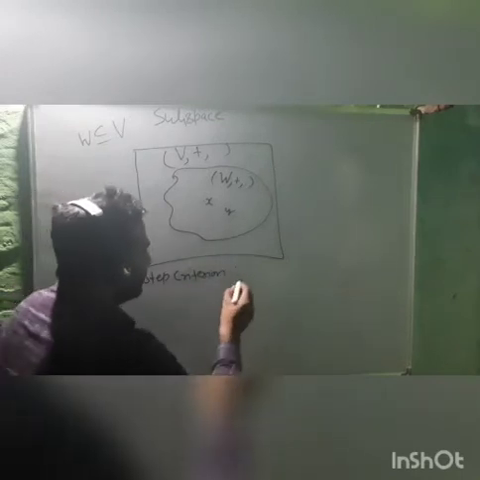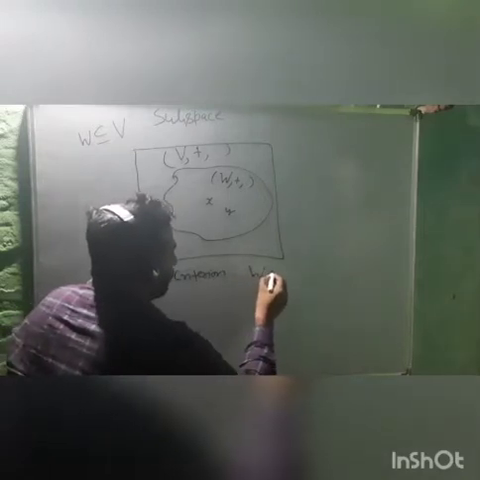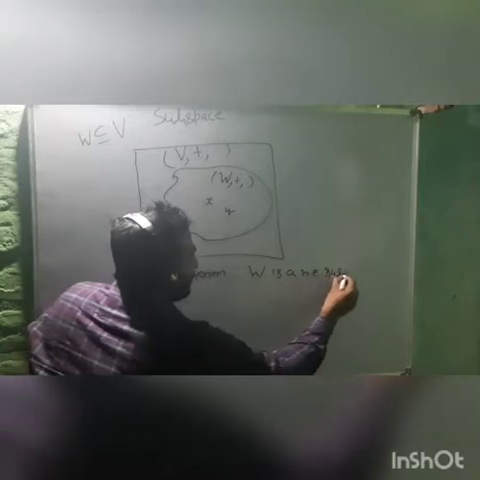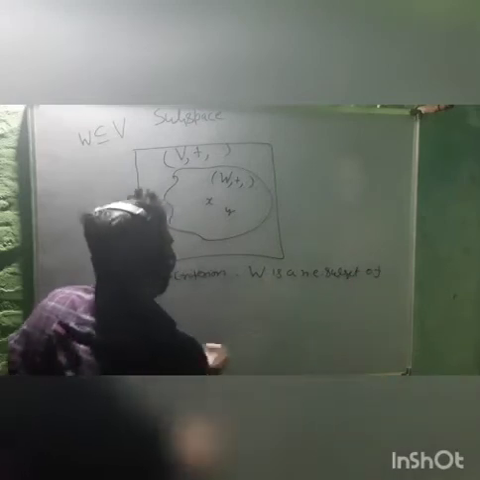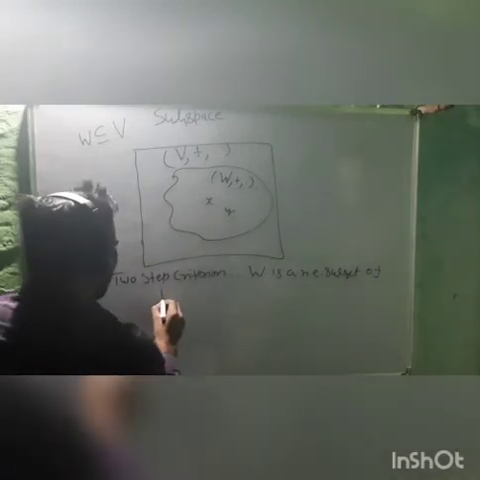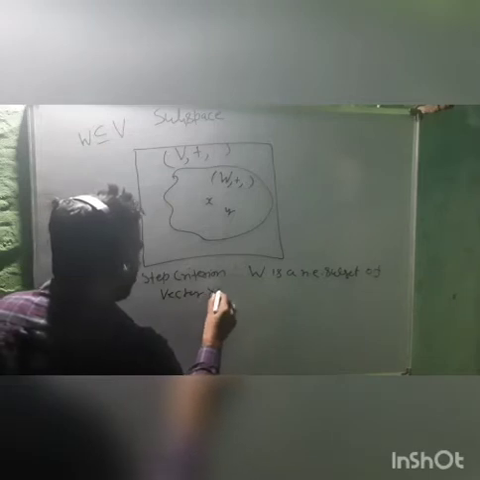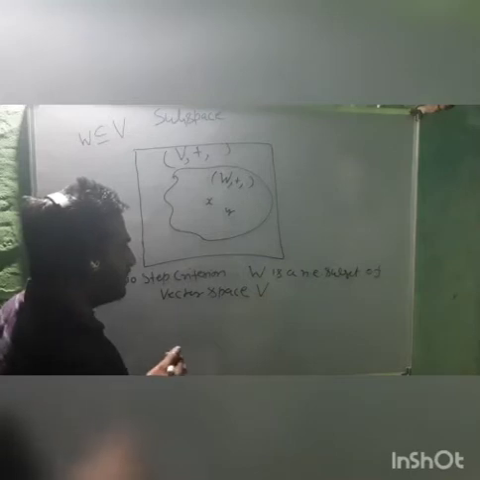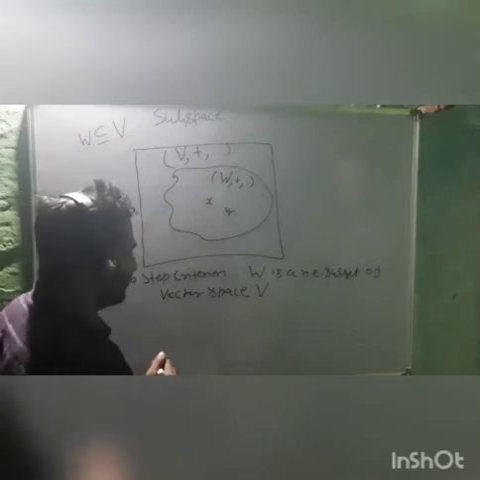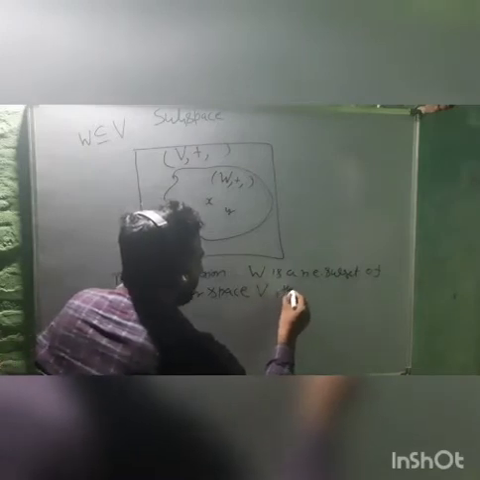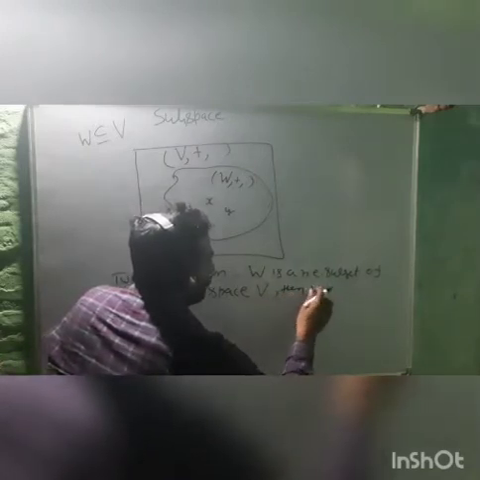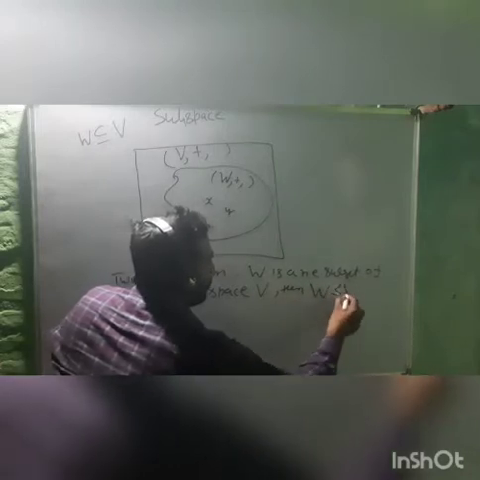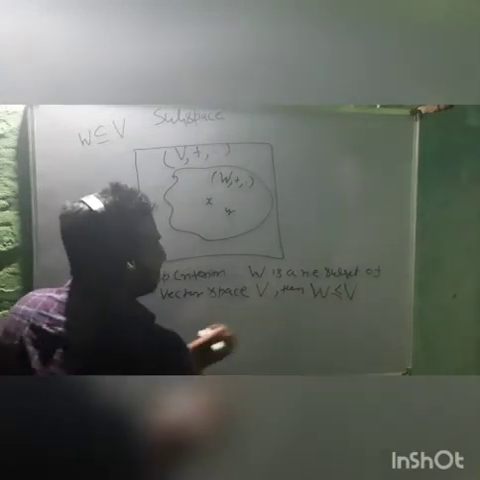It says that if W is a non-empty subset of a vector space V, then W is a subspace of V. This is the notation for subspace.